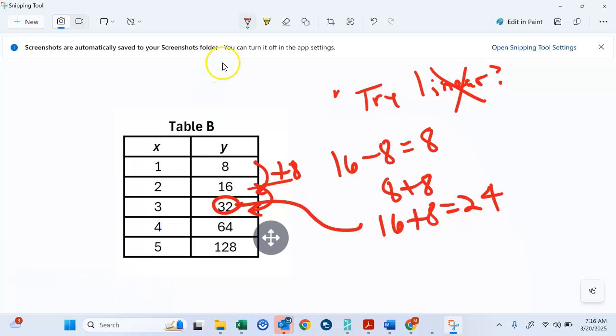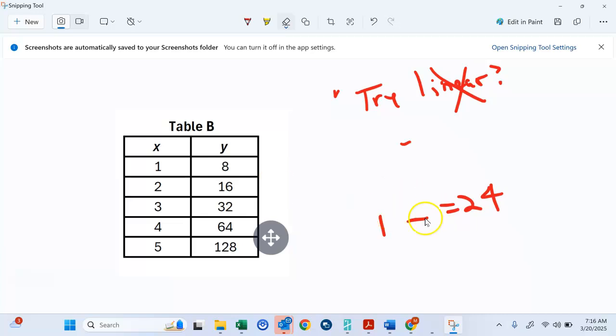Now we're going to try exponential. Okay, there we go. Exponential.